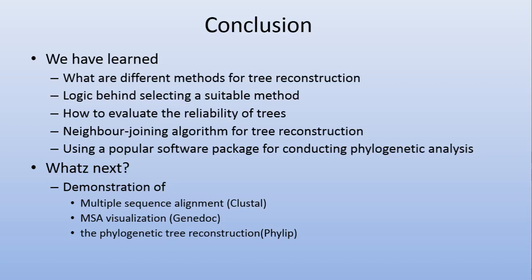We have also discussed how we evaluate the reliability of a tree, which can be inferred using bootstrap analysis. We have discussed one of the clustering algorithms used for tree reconstruction, the neighbor joining algorithm, and I have introduced you to how we use a popular software package for conducting phylogenetic analysis.